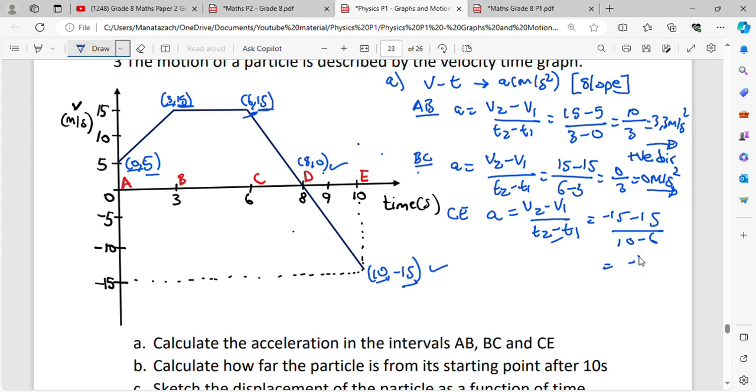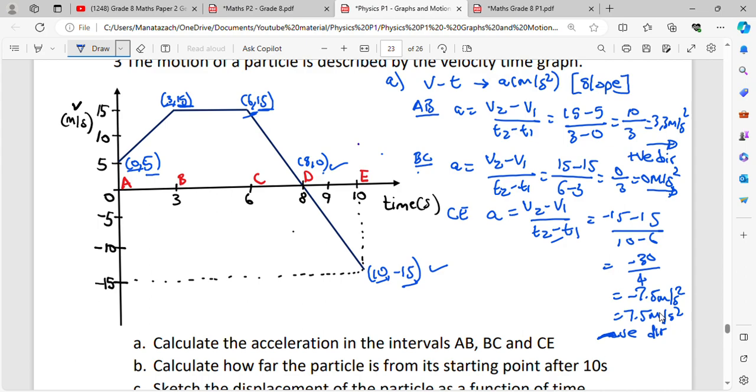It's going to be minus 30 divided by 4. So that will give us minus 7.5, or we can just simply say 7.5 meters per square second in the negative direction.